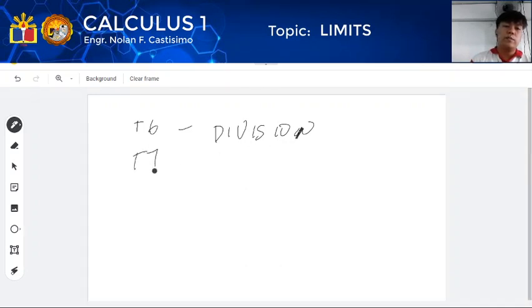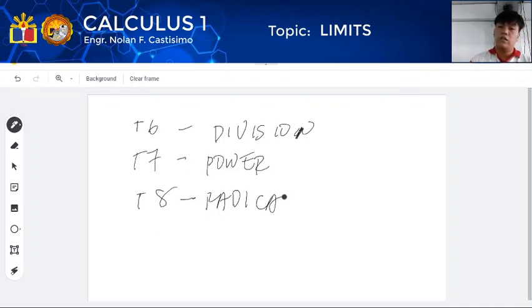Next, theorem 7, ayan yung power theorem. And then, our last theorem, yan yung radical or root theorem. Ayan. Okay. Yan yung 8 theorems natin.